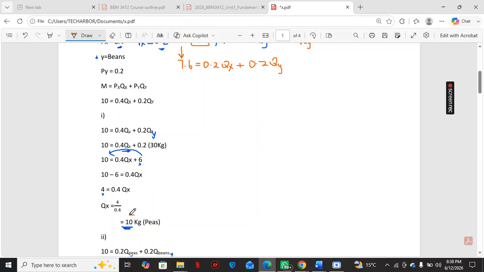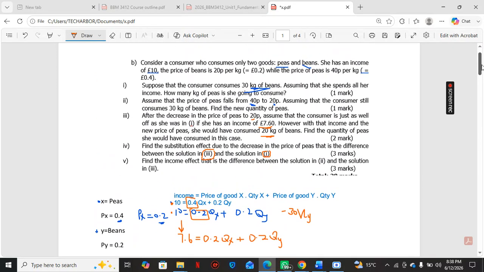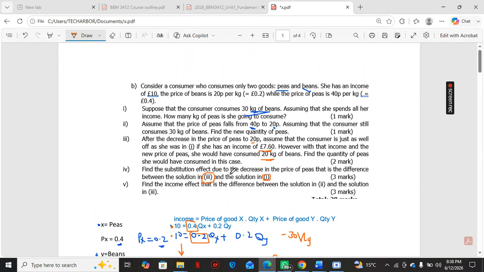Maybe you are buying 10, then you now buy 15 because of the price.